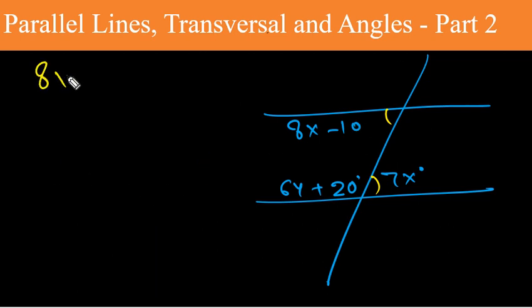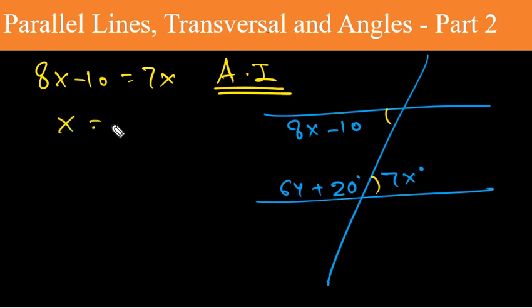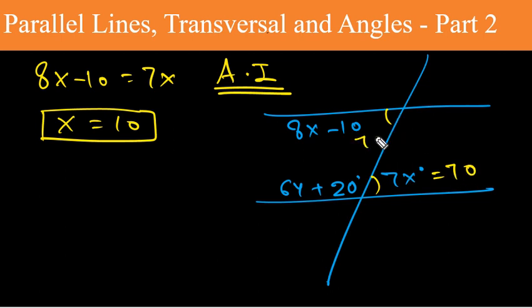So 8x minus 10 is equal to 7x, alternate interior angles. Solve this using a calculator or the way you want to. x is equal to 10. Now when you solve this, you will get 70 here. Since they are alternate interior, this angle will also be 70, right?